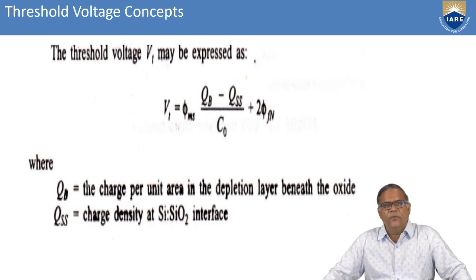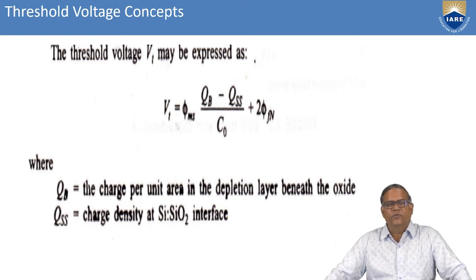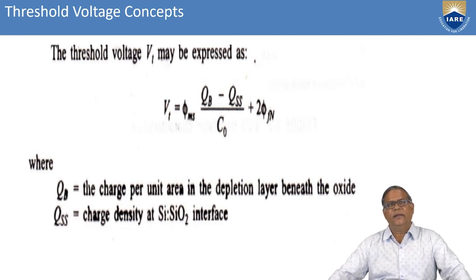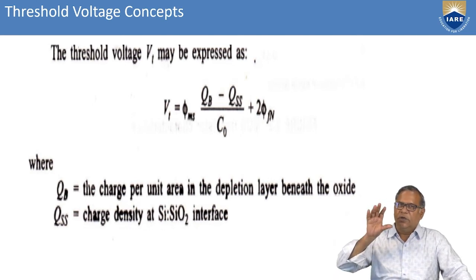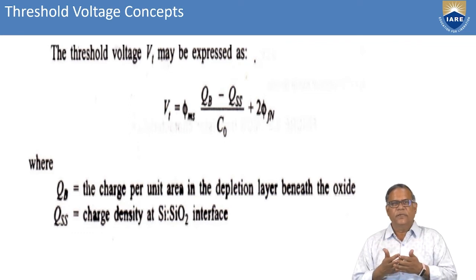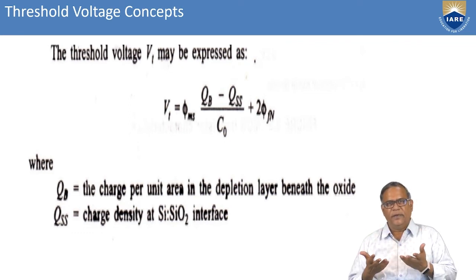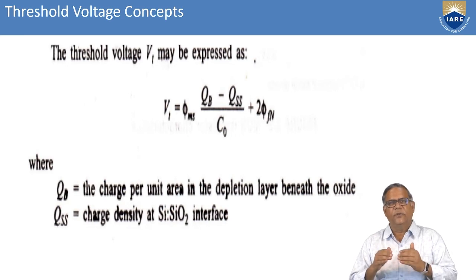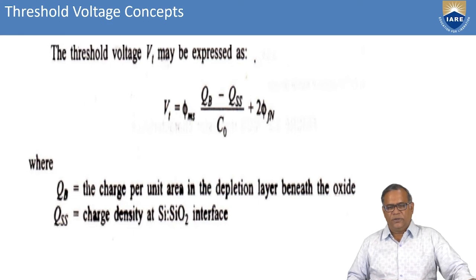That is the minimum voltage which is to be applied to the gate to remove the channel, called the threshold voltage for the depletion MOSFET. For an enhancement MOSFET, threshold voltage is defined as the minimum voltage which is to be applied at the gate to form the channel. For a depletion MOSFET, it is the minimum voltage which is to be applied to the gate to remove the channel.